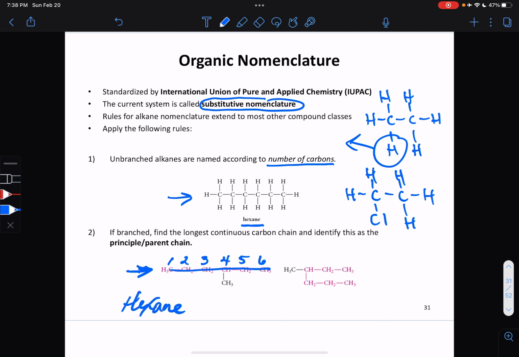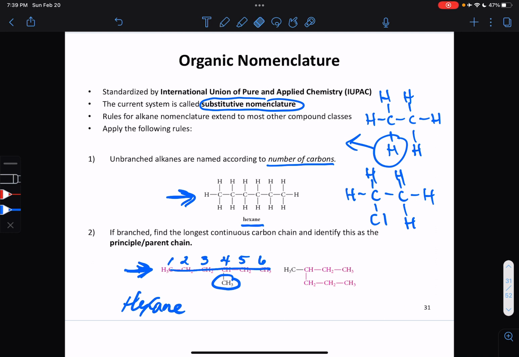Now you can see that this molecule right here is different from this molecule right here because the bottom molecule has something dangling off of that, and we call that a branch.